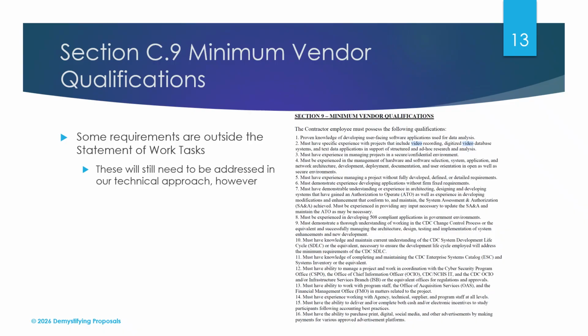And then this is section C9, the minimum vendor requirements or the minimum vendor qualifications. This is what I was talking about earlier. There are 16 of them. So you're not going to have room to individually deal with each one of these.